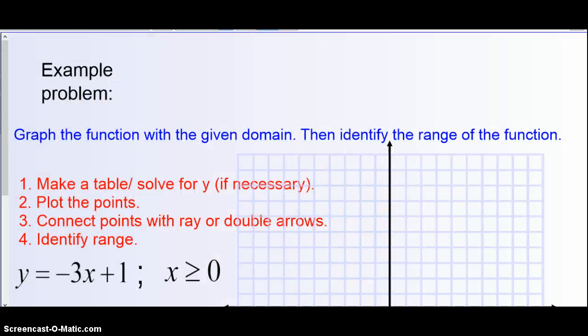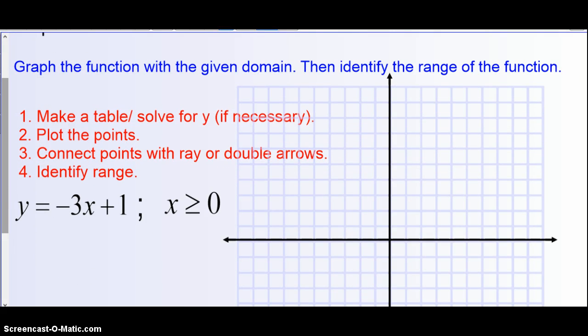And then finally, our last example problem, we have what is called an inequality here. We've got y is equal to negative 3 times x plus 1, and x is greater or equal to 0. So you've got two separate equations here, and I'd like for you to create some tables for both of these.